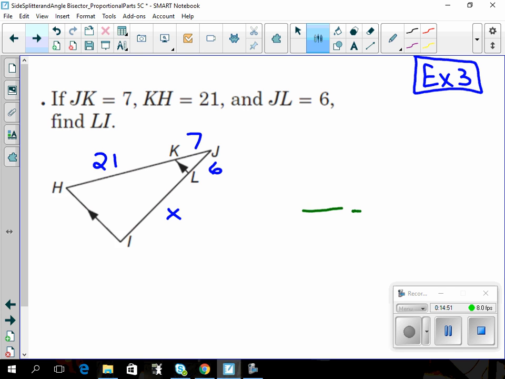I have parallel lines. So that means side splitter. What is the proportion? You'll need a minute to copy it. What is the proportion? 7 over 21 is equal to 6 over, there you go. Not meant to be hard.